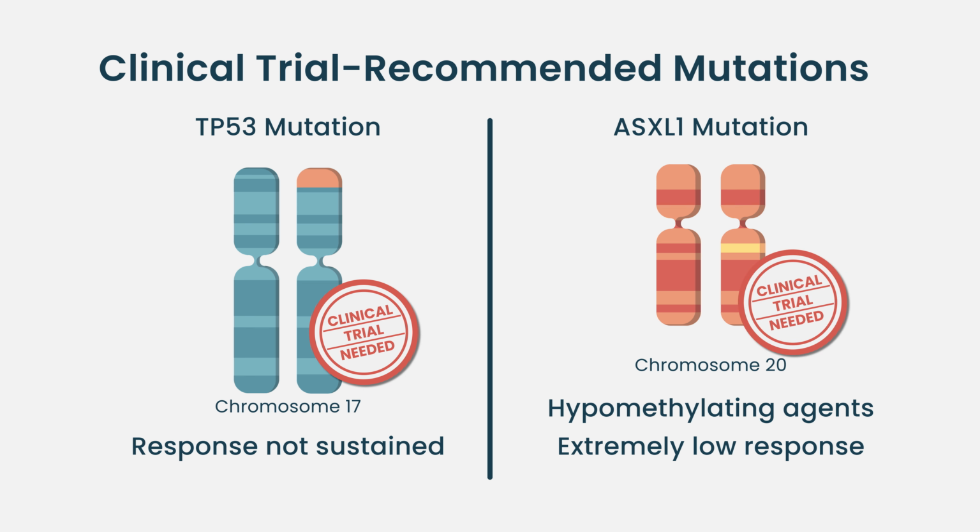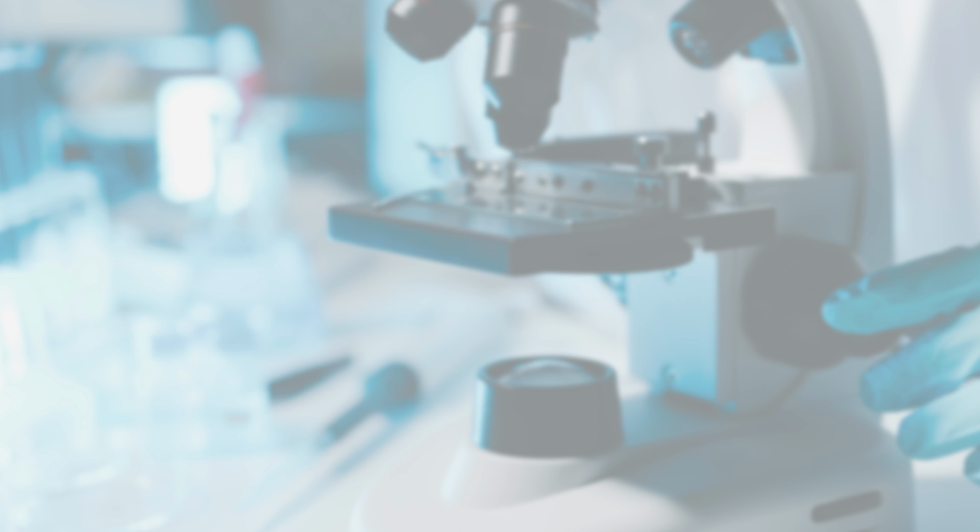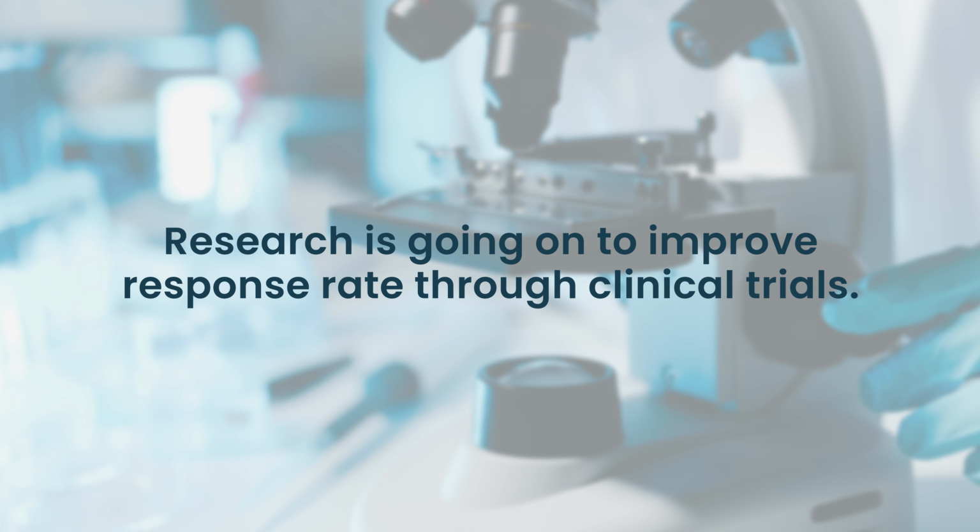So another subset where we need to do better. And I think that's with clinical trials, whether it's with venetoclax, which is an oral BCL2 inhibitor, or other novel agents. We're able to potentially improve the response rate, improve our ability to potentially get patients to bone marrow transplants, which is the only way that you can cure myelodysplastic syndrome.